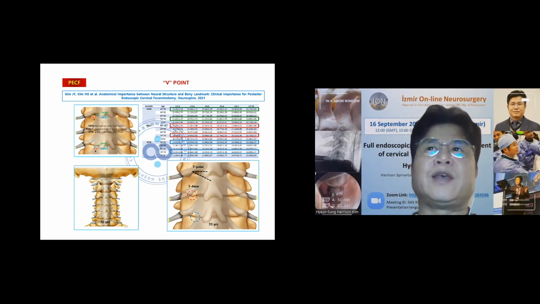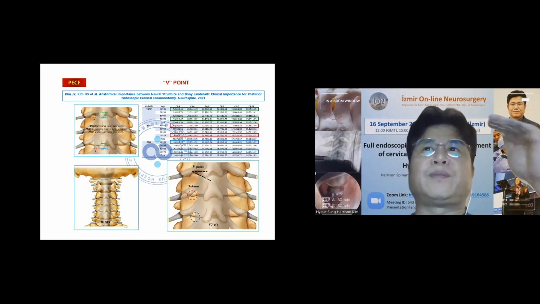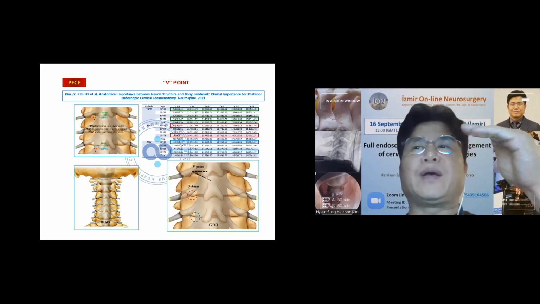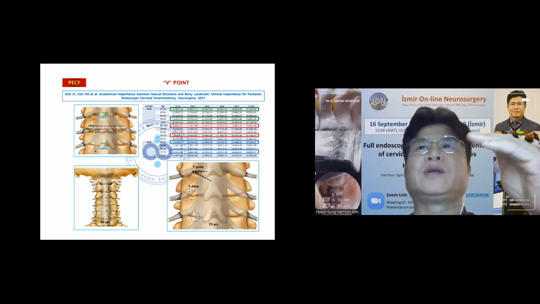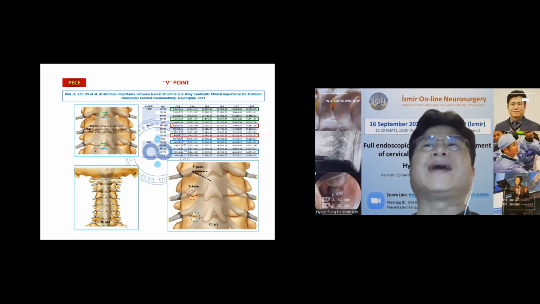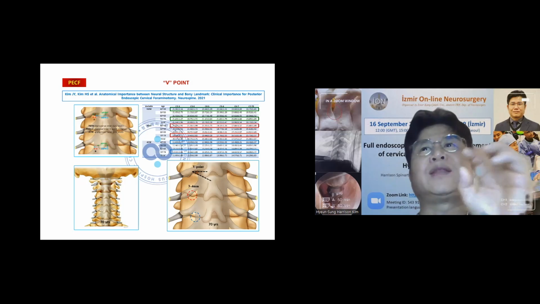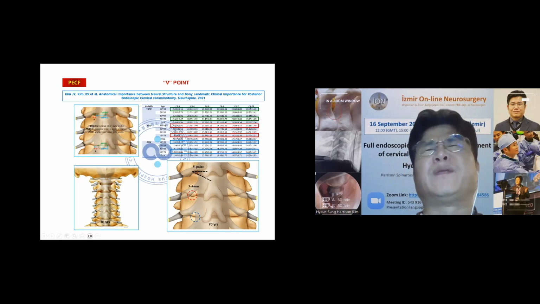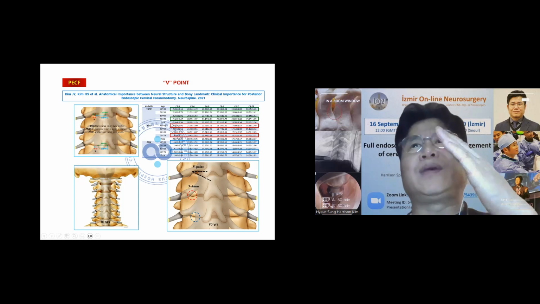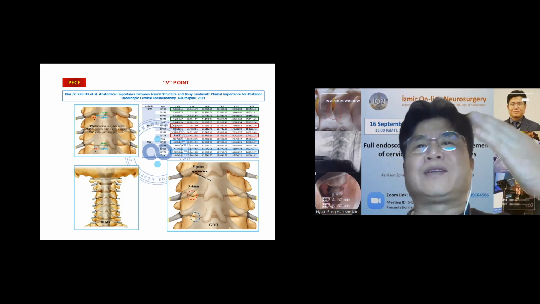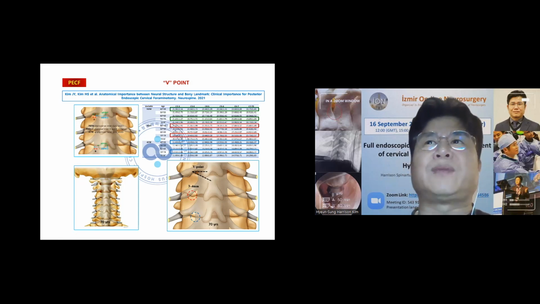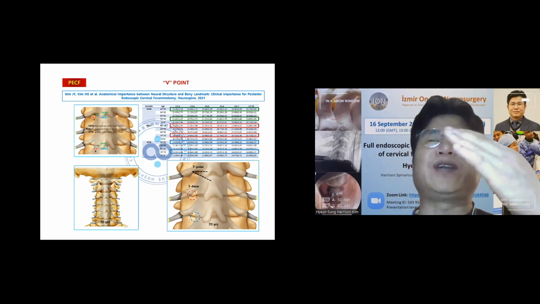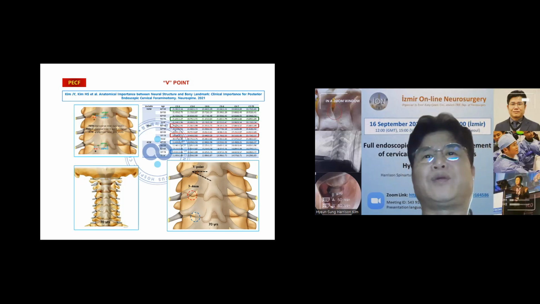So if you approach from above C4-5, you need to do the wide foraminotomy first and make a more lateral foraminotomy, then approach. That can possibly be safer. But if not, conventional V point drilling is very risky, very close to the dural and spinal cord area.